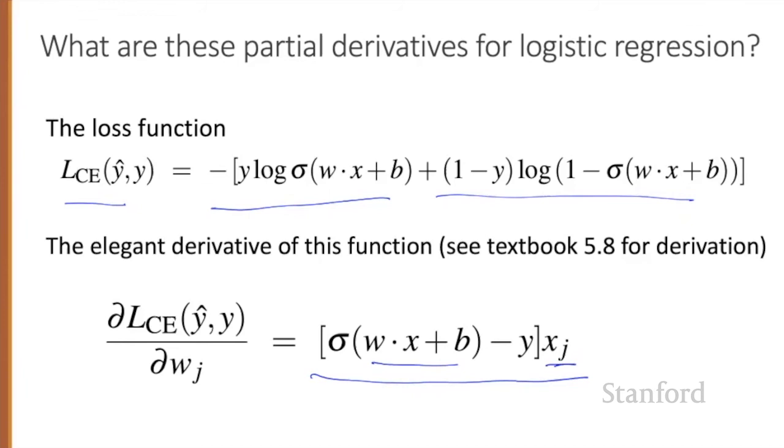But notice that the gradient with respect to this single weight w sub j represents a very intuitive value. It's the difference between the true y and our estimated y hat for that observation, multiplied by the corresponding input value x sub j.